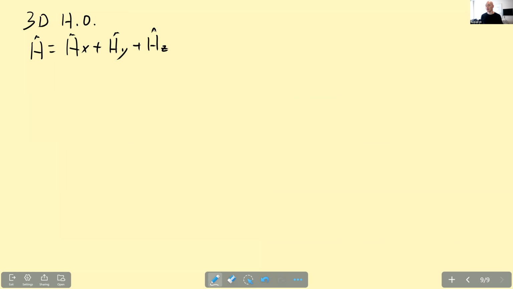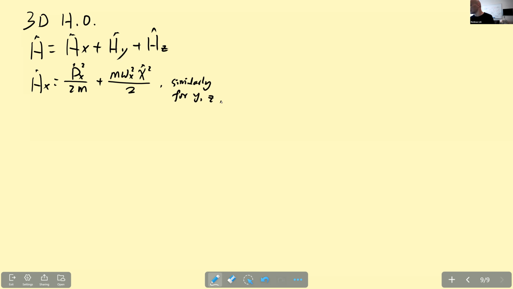With h_x just equal to p_x squared over 2m plus m omega squared x squared over 2, right? And similar for y and z. So you just replace x with y or x with z, and you get the same thing, right?